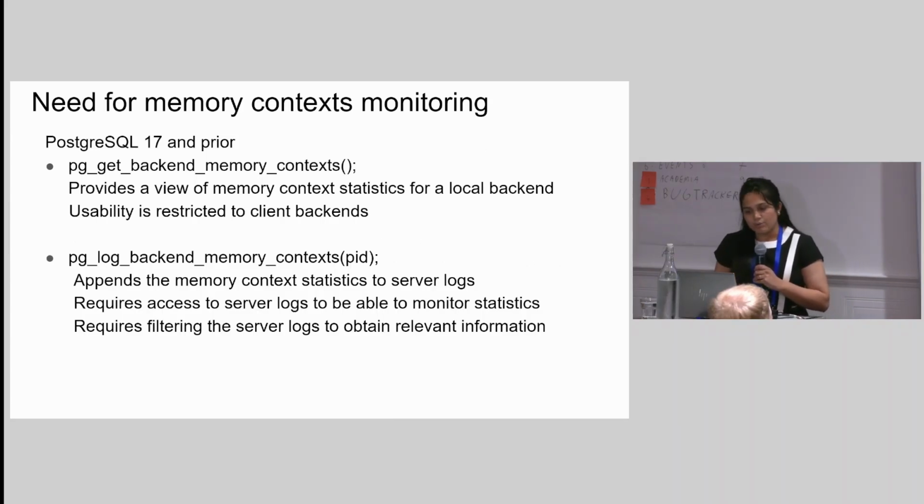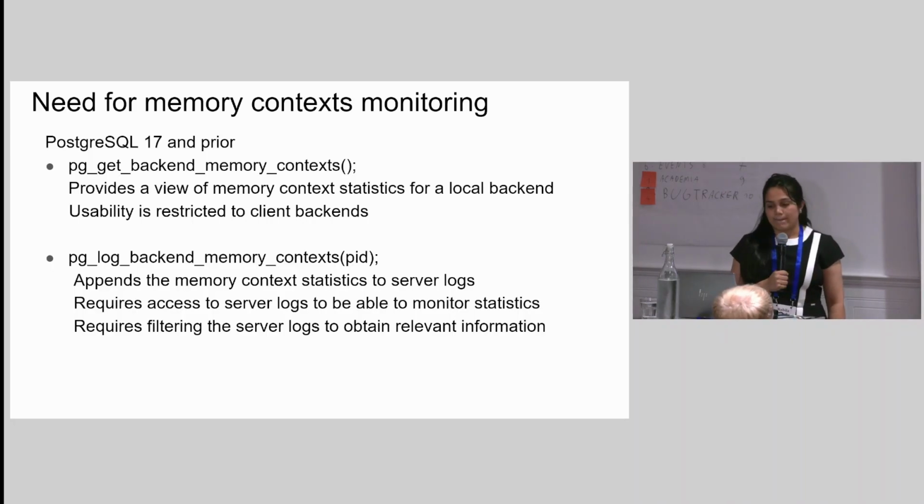Why is there a need for memory context monitoring in 18? Because there are a couple of already existing functions which do a pretty good job of describing memory contexts. The first one is pg_backend_memory_contexts. It provides a view of the memory of a local backend. One thing that's missing here is that it cannot provide the memory of any other process except itself.